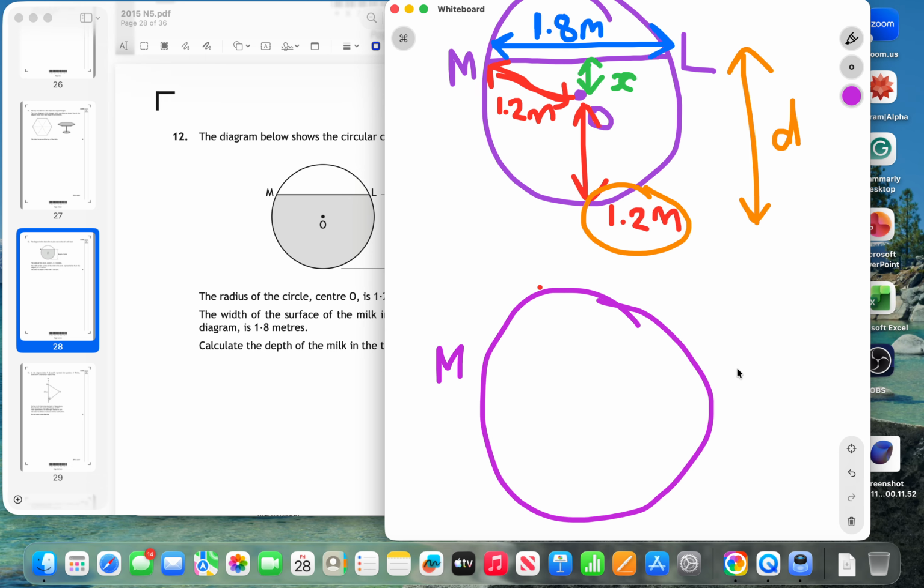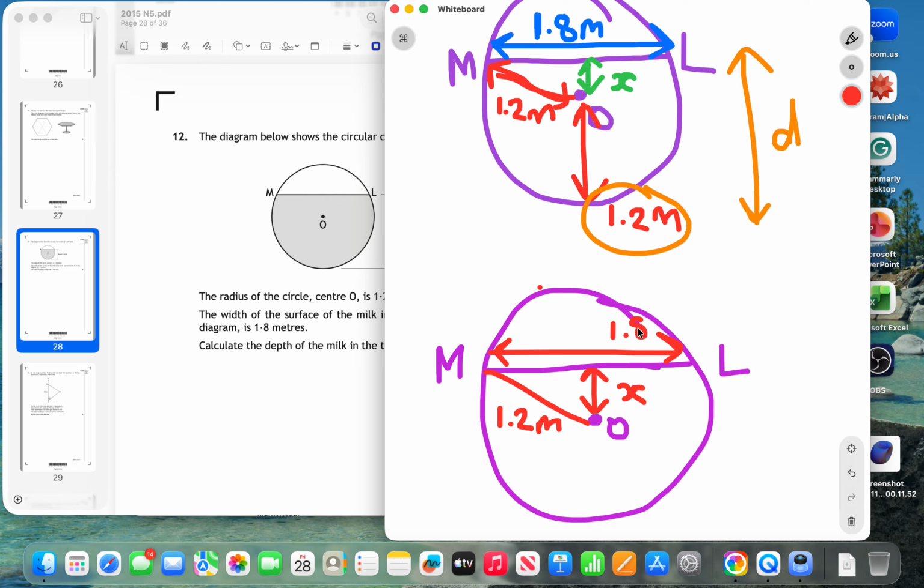It's M, L, O. Same information from the last one, and if we have this whole thing being 1.8, then we can say that half of that distance is 0.9, because the line, or the perpendicular bisector, we call it, that's the perpendicular bisector of ML, that's vertical.